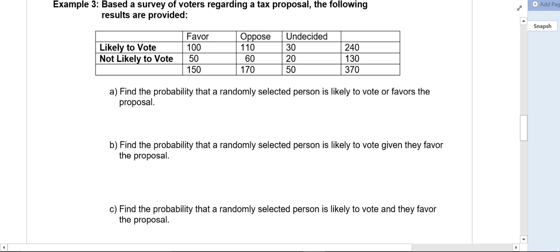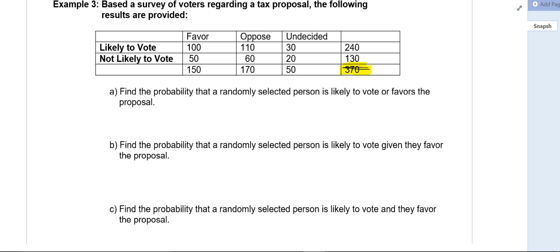I'll just point out that our sample space is 370 people. We're going to choose somebody at random, and we want the probability that a randomly selected person is likely to vote or favors the proposal.